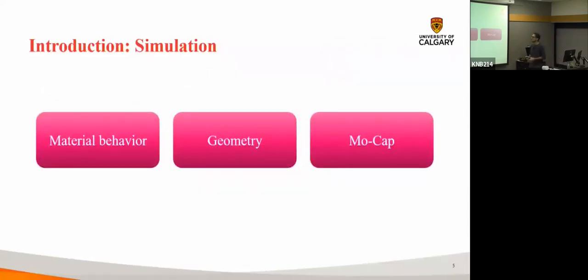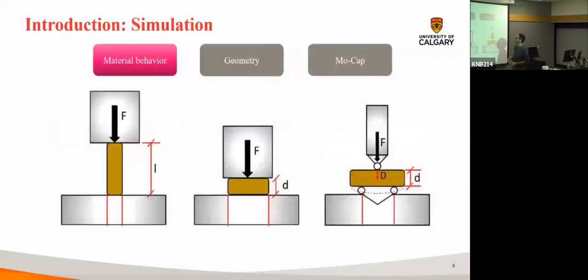For simulation, we have three major steps: material behavior, geometry, and motion capture. For material behavior, we try to predict the behavior of the material in different loading conditions. We know that some materials are soft, some materials are harder, so the reaction of a material to the external load, to the external factors, would be different.